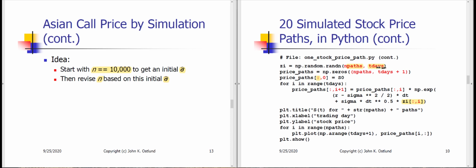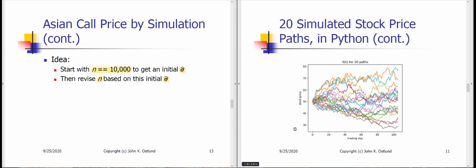Each column was a particular day in our sequence of trading days. Using that two-dimensional array of random draws, we then applied our Black-Scholes-derived formula to compute the simulated price paths. In this code, we then just plotted those price paths.